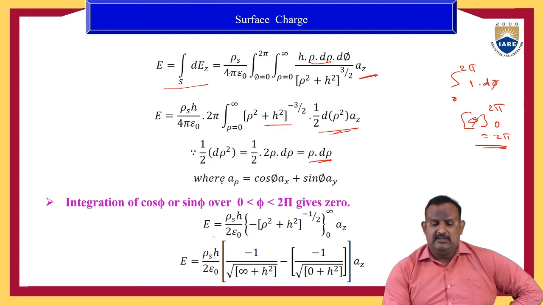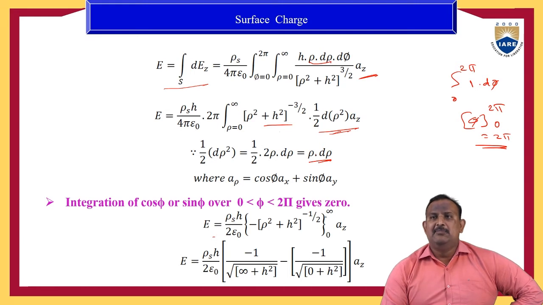Here we can cancel the terms, 2 by 2 pi. Then we have E is equal to rho s h by 2 epsilon naught into, so here we have the value minus, because it is minus 3 by 2 plus 1, minus of (rho square plus h square) whole power minus 1 by 2 between the limits 0 and infinity.